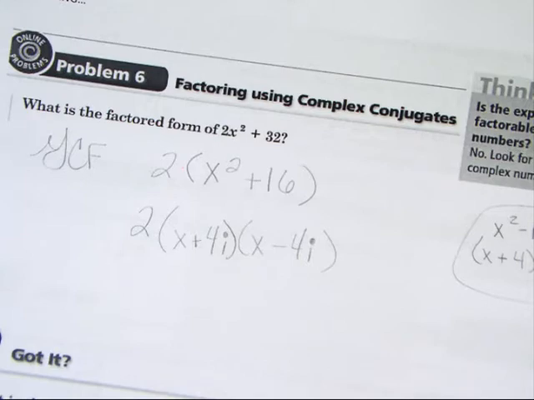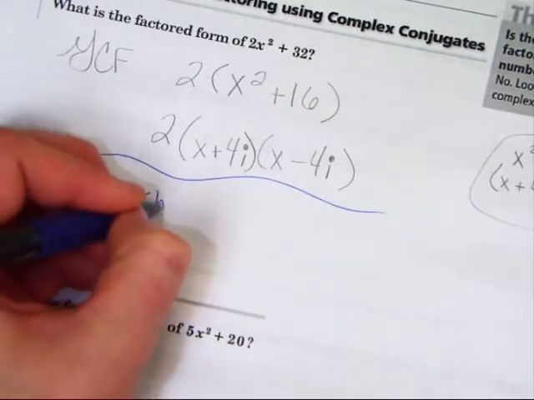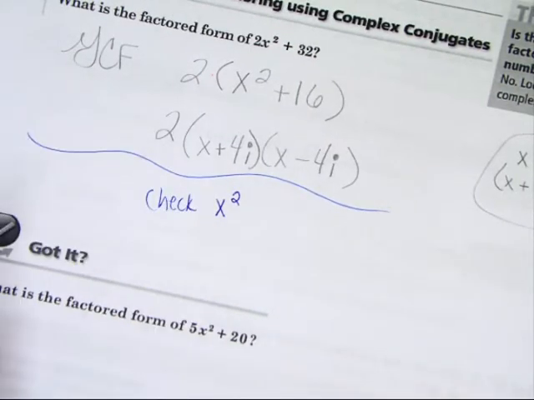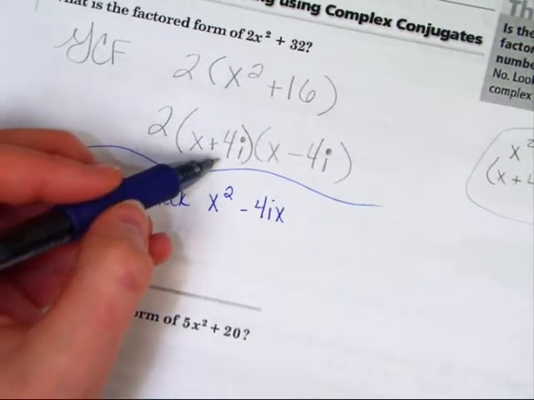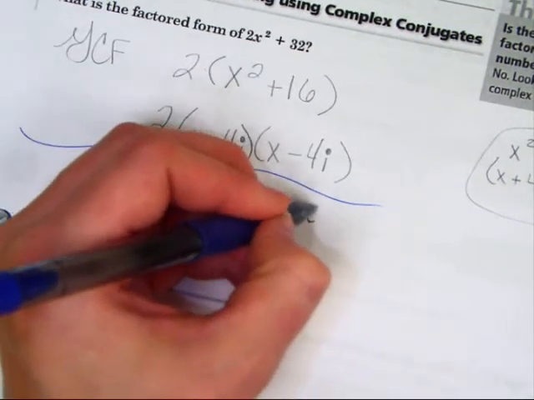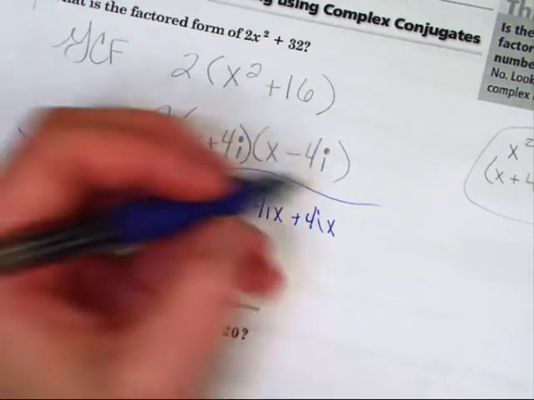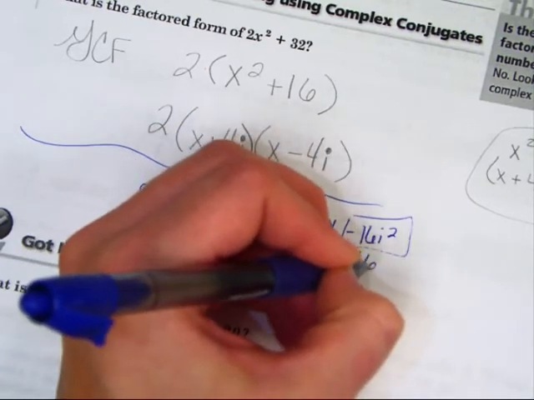And if you want to see why that works out, let's go ahead. Under this line, we'll do the check. x times x is x squared. x times negative 4i is minus 4ix. Positive 4i times x is plus 4ix. And then positive 4i and negative 4i is minus 16i squared, which turns into a plus 16.